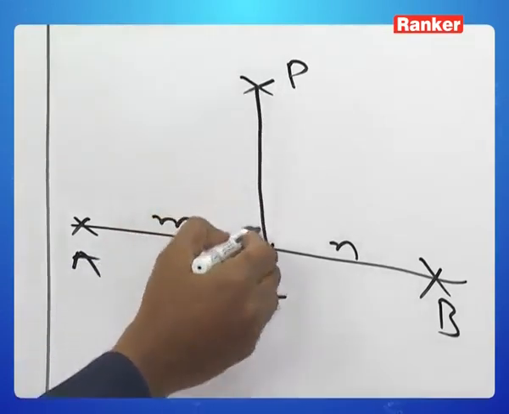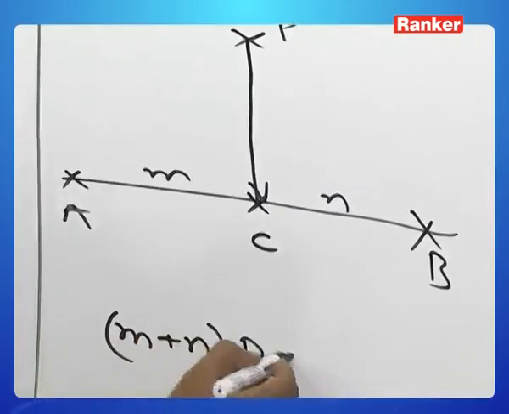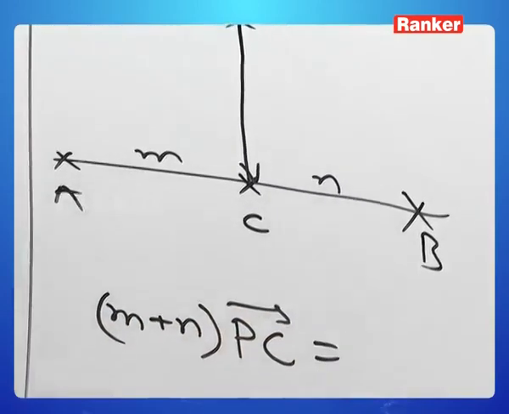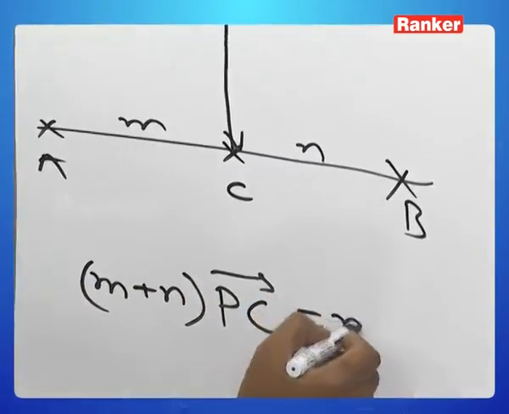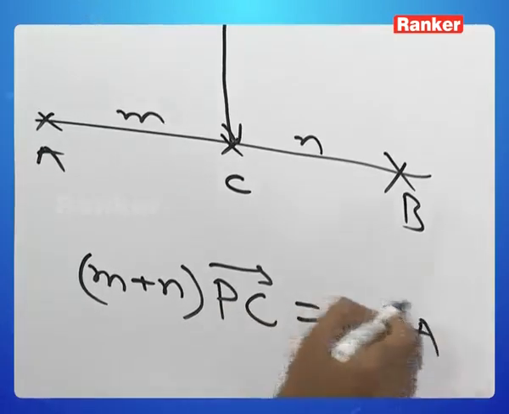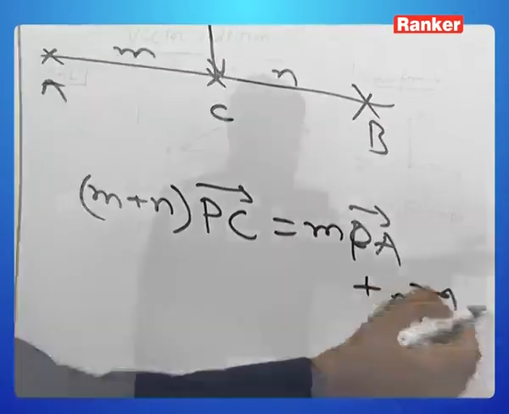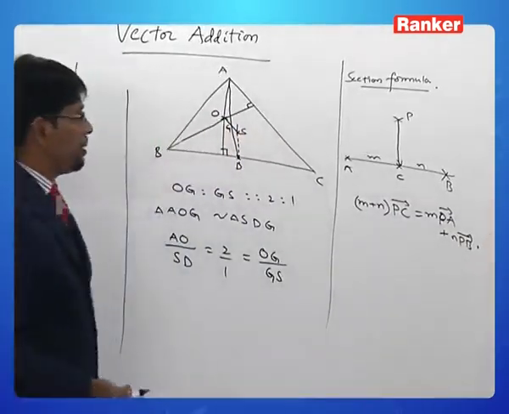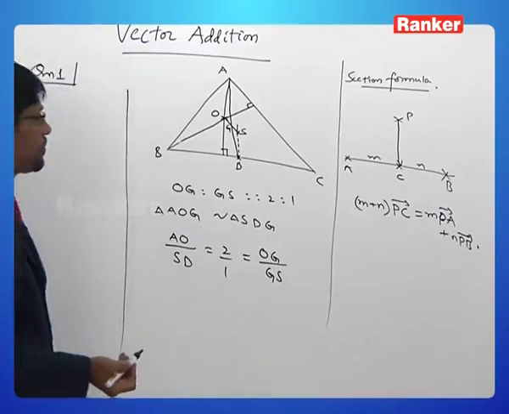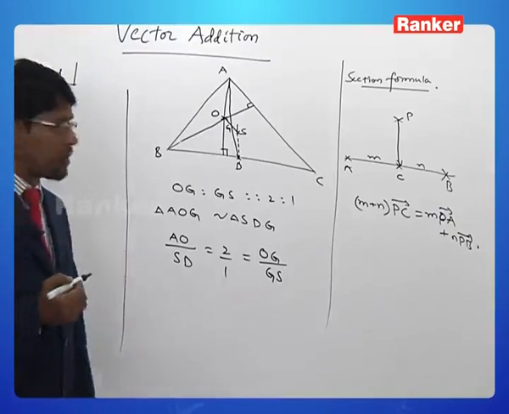Then m plus n into PC vector is given by m into PA plus n into PB. This is the section formula. All right, as a consequence of section formula you get this.